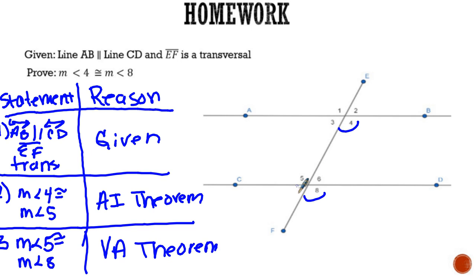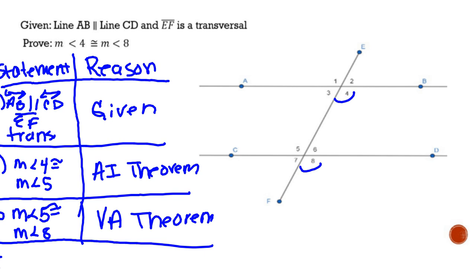So now that I connected 4 to 5 and 5 to 8, now I can say I have 5 in both of these, so 4 and 8 has to be the same by the, my fourth reasoning. Okay, so now I can say the measure of angle 4 is congruent to the measure of angle 8, and that's by the transitive property.